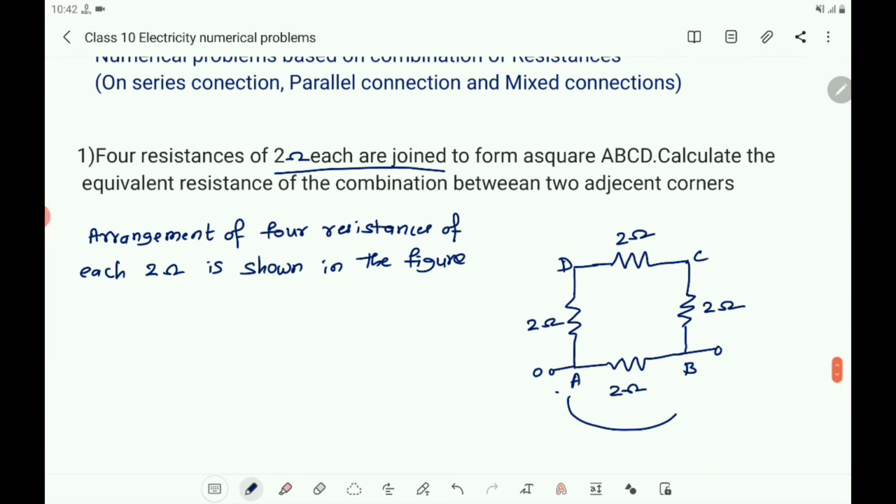So first let us take the resistance RAB, that is between the ends A and B.